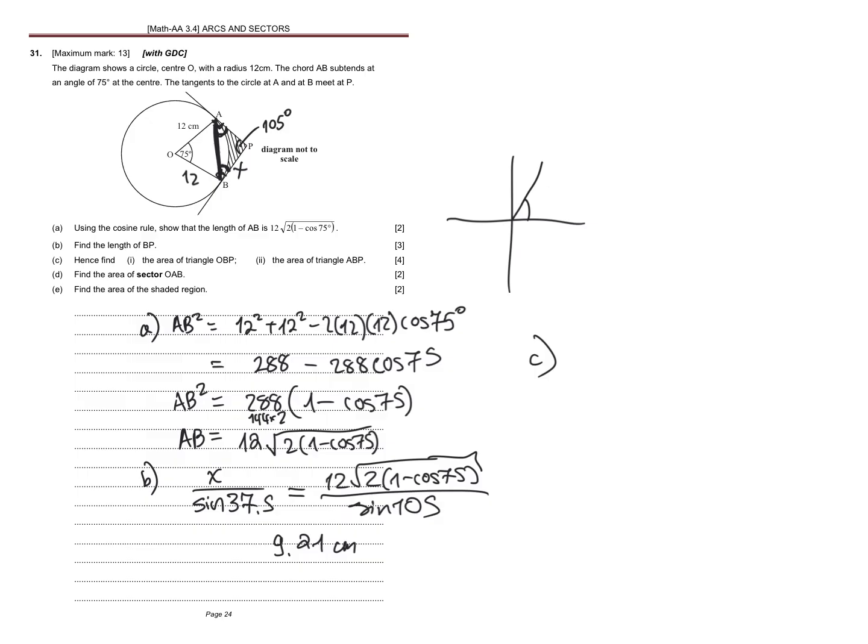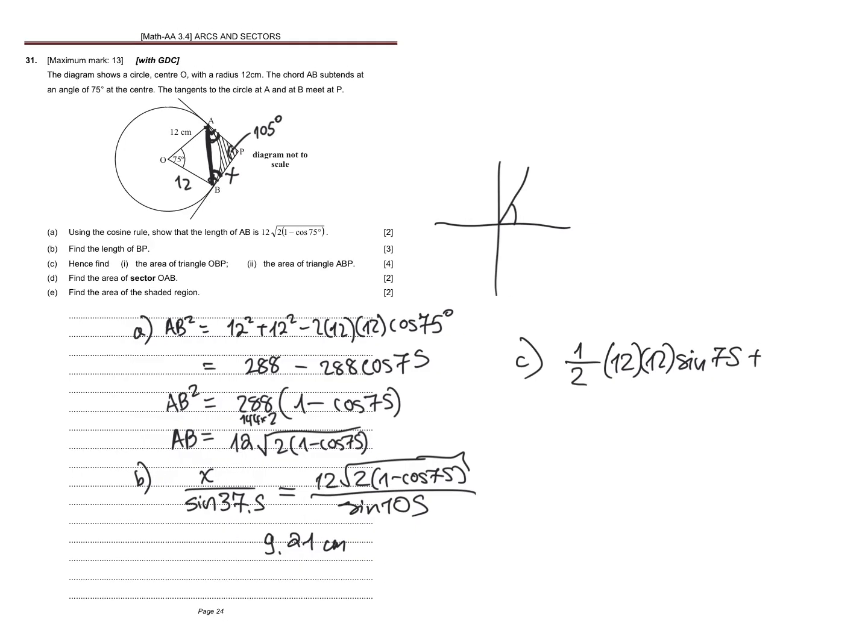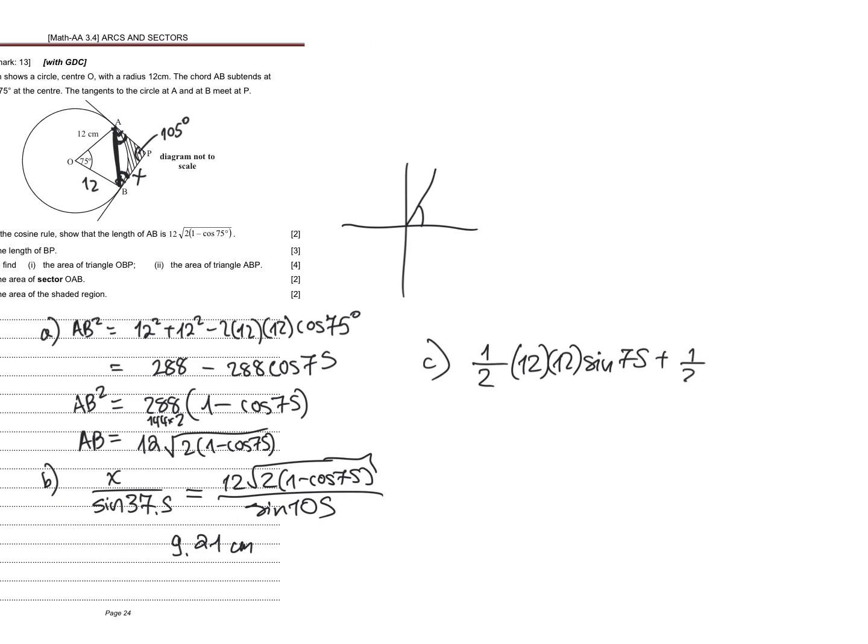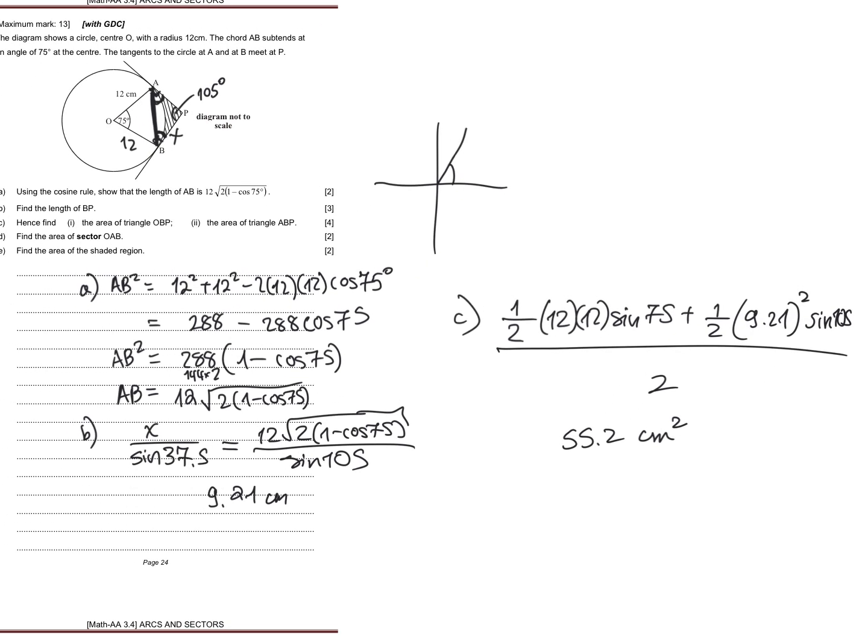So we're going to have 1/2 AB sine 75 plus, that's the left triangle, 1/2 the 9.21 times the 9.21, so 9.21 squared times sine 105. Then we're going to divide that by 2. So you get 55.2 centimeters squared.